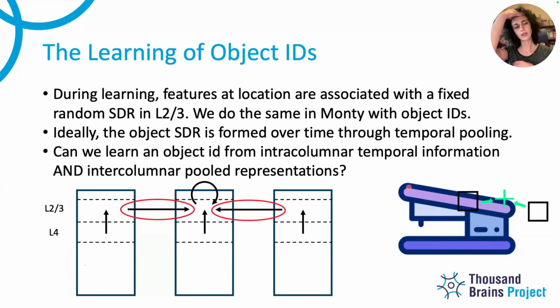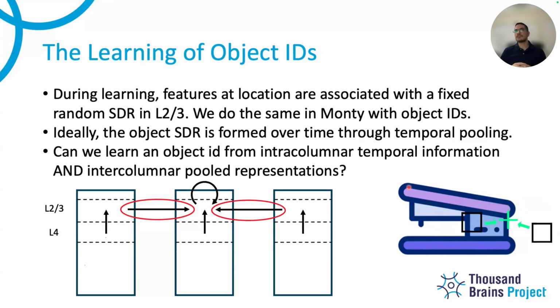So then, is it correct to say that this solution does require every column to visit most of the locations? Because it wouldn't stabilize before that? I am not sure. I don't have a good answer to this.